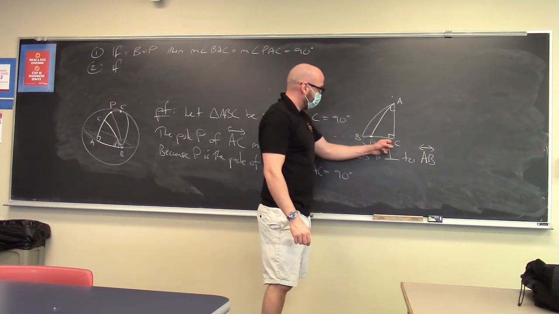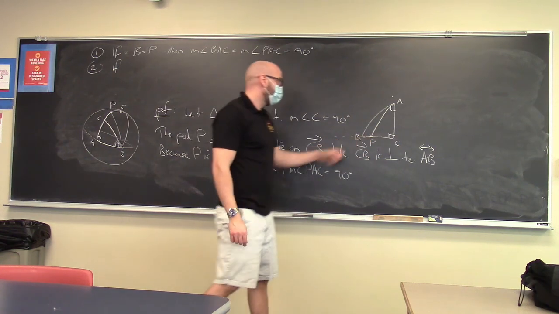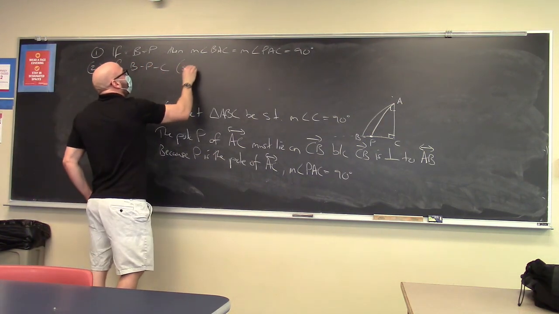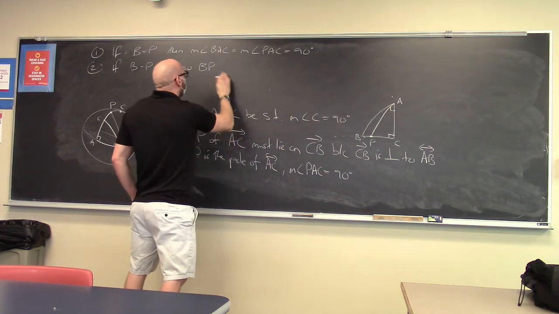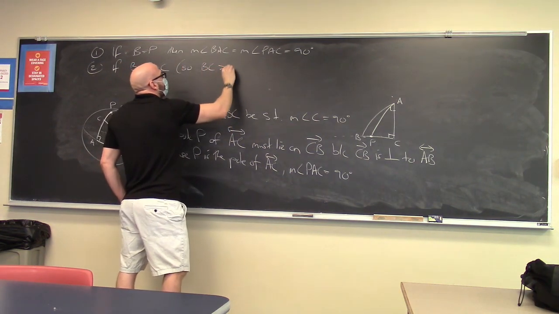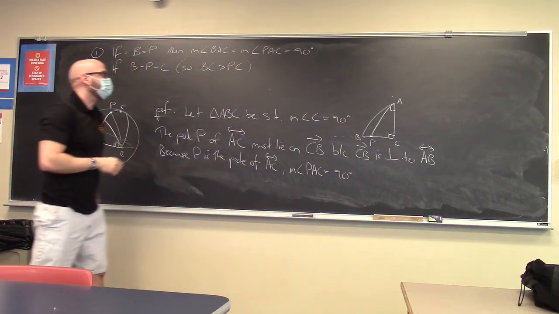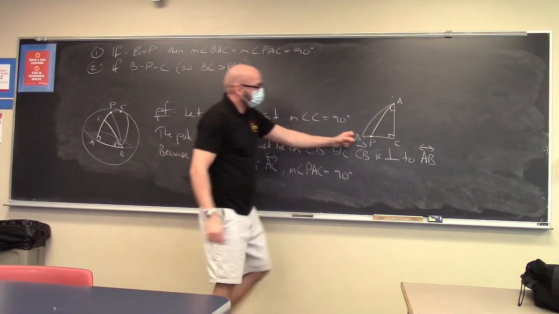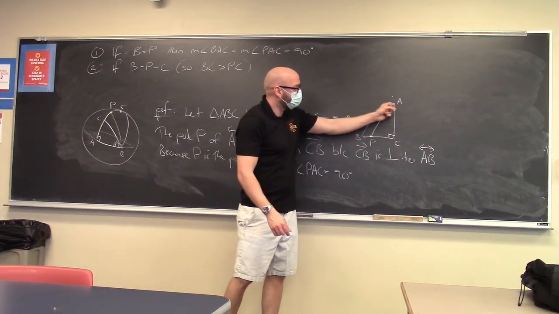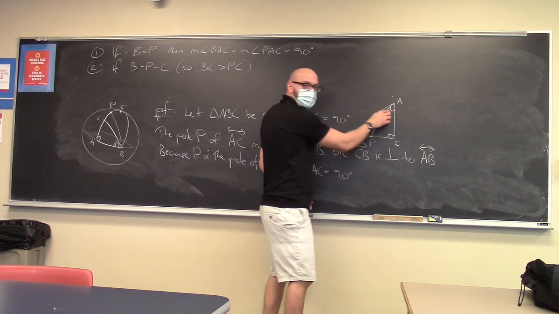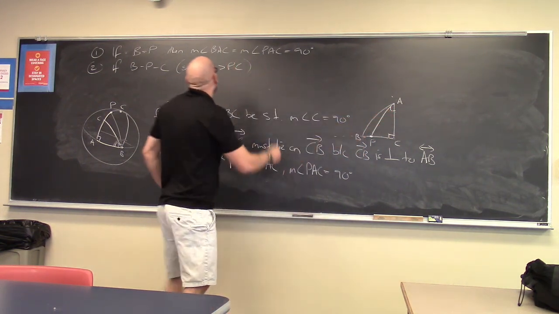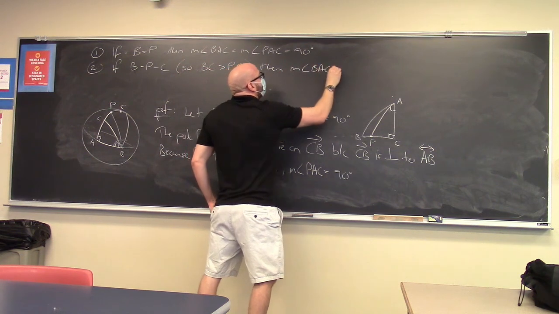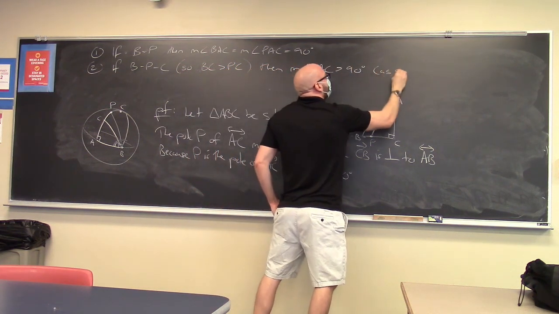If I have the instance that's drawn in this picture, if P is between B and C, so if B, then P, then C, so BC is greater than PC, i.e., this side is longer than the polar distance, then as shown in the picture, this angle here is bigger than 90 degrees, right? Because it's got a 90-degree interior angle. So then the measure of angle BAC is bigger than 90 degrees, as shown.